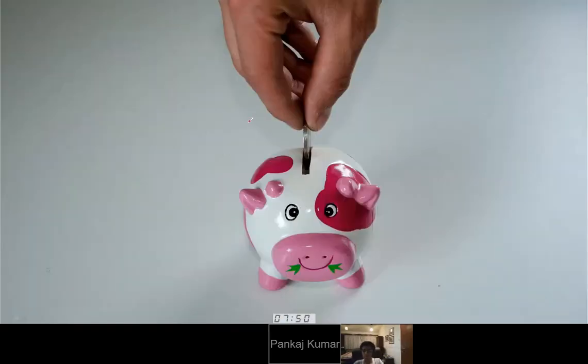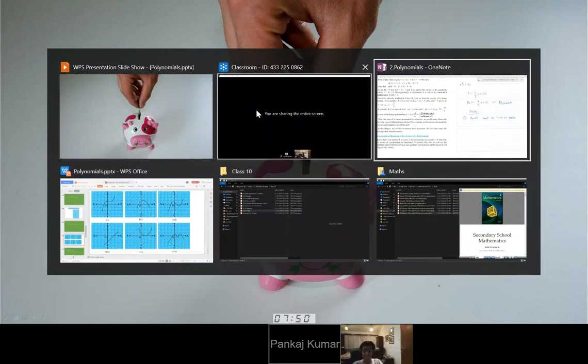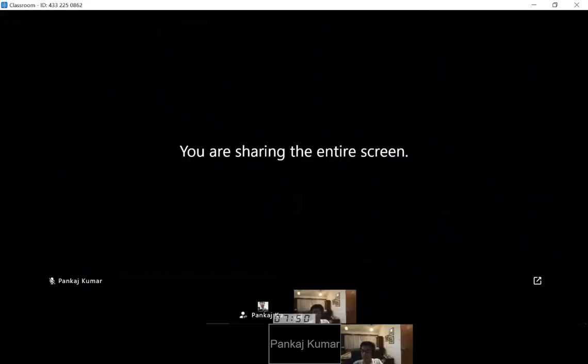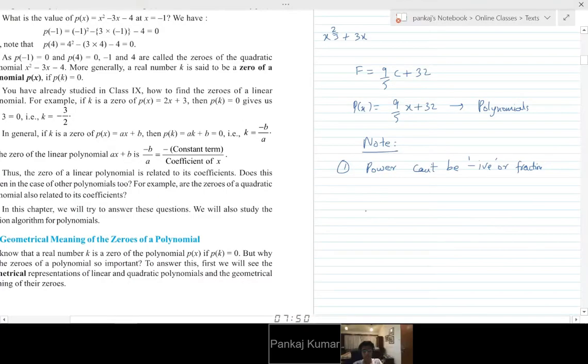What's the formula of compound interest? I forgot actually. I think it was... Is it right? T or n?